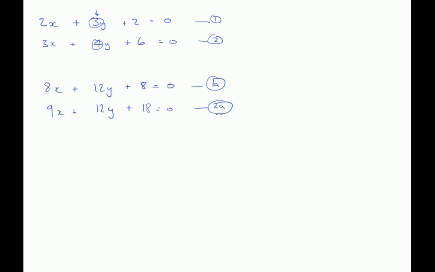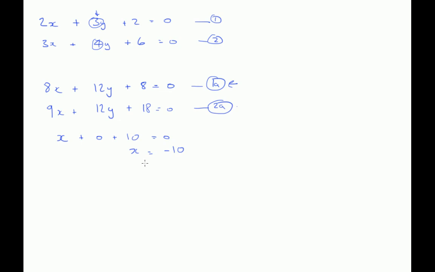Okay, and then by subtraction we could take one from the other, and let's take this one from this one. 9 minus 8 is x, plus 0, these cancel out, plus 18 minus 8 is 10 equals 0, therefore x equals minus 10.